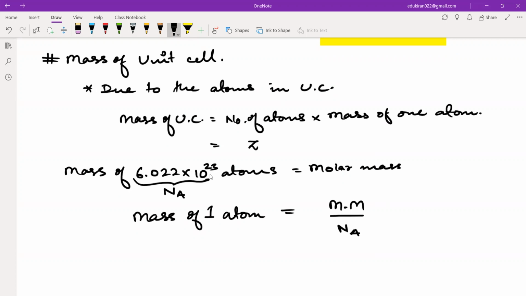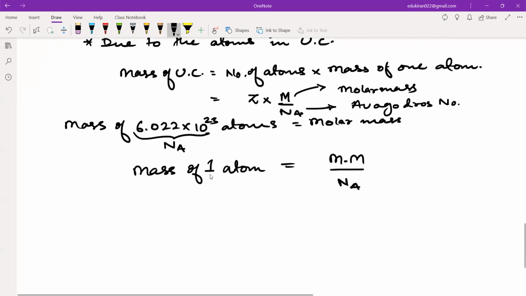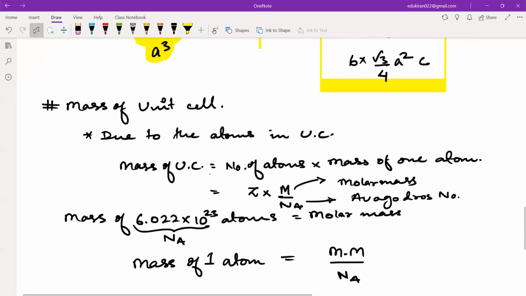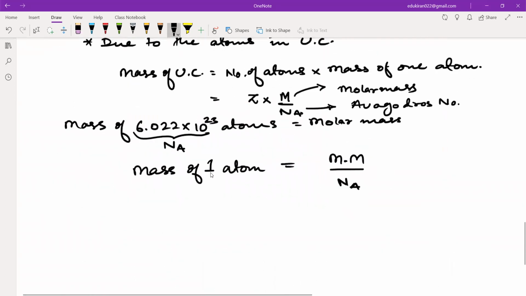So the mass of unit cell will be equal to Z into M upon Na, where M is the molar mass and Na is the Avogadro's number. Okay? Any problem till here? Now we can write the formula for density. You can write the density of unit cell.